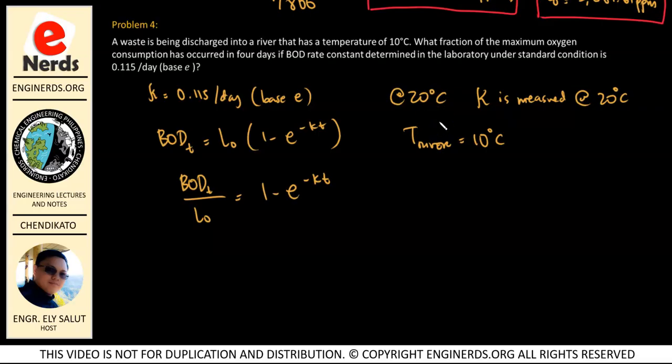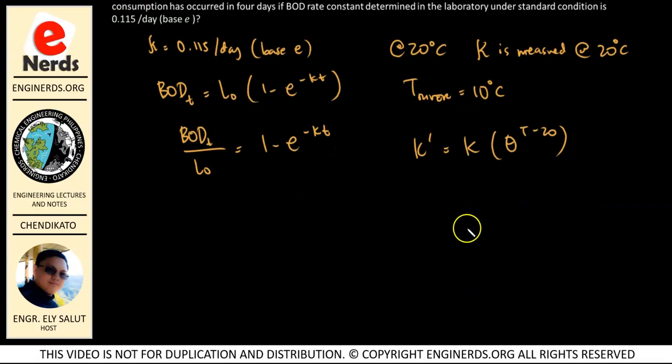Okay, so dito natin i-apply yung pinag-usapan natin sa ating lecture video previously. And if you remember, we have this formula. K prime is equal to K times theta to the T minus 20. Okay? So, our K here is yung ating K value at 20 degrees Celsius. Yung temperature naman natin is yung temperature in degree Celsius. So, recall natin kung ano yung value ng ating theta, no?